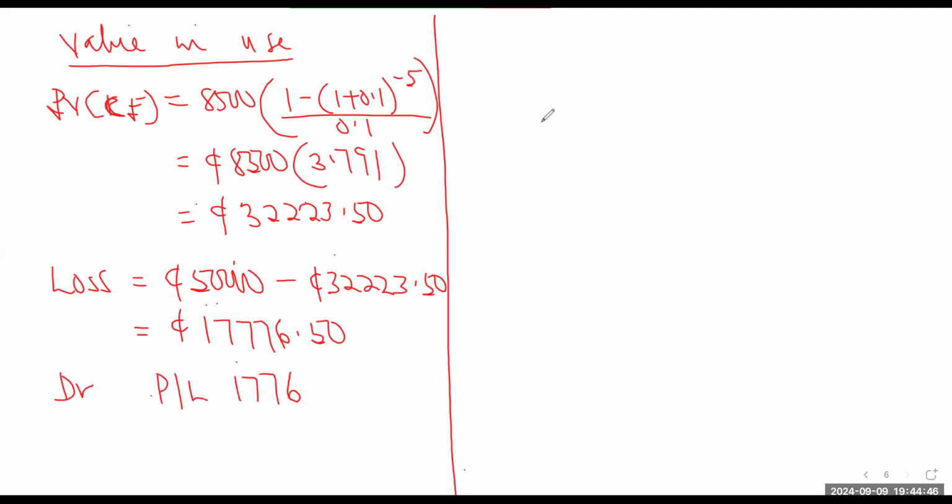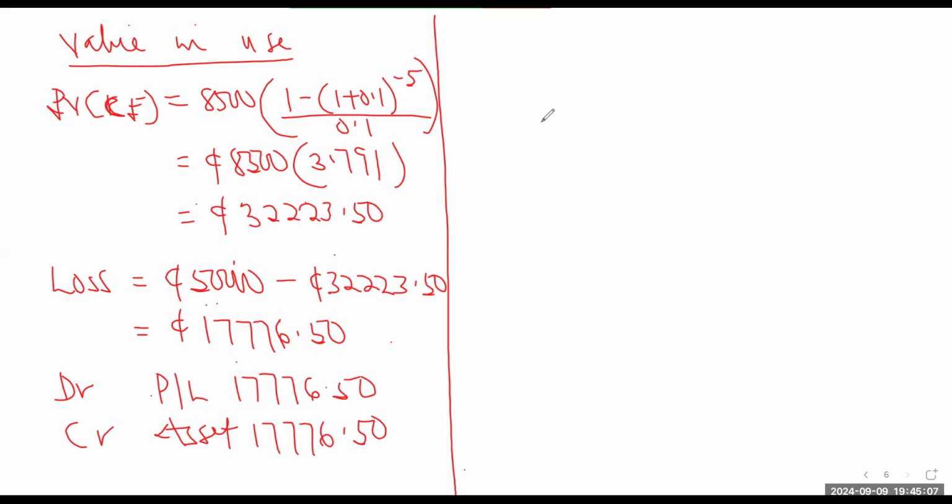Credit the assets, so you reduce the asset. The value of the asset will now be the new value, 32,223.50. So you credit the asset with this one, so that you can now reduce it to this particular value.